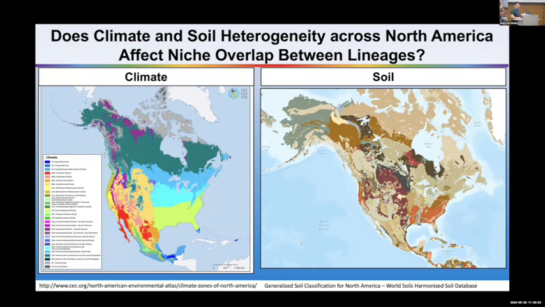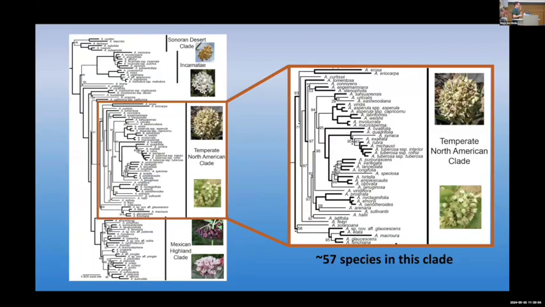So, jumping off of that, what I used for this study is the largest clade within American Asclepias, the temperate North American clade, and this forms about 57 species of this whole group.